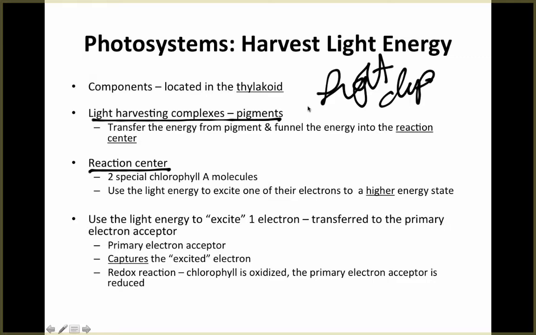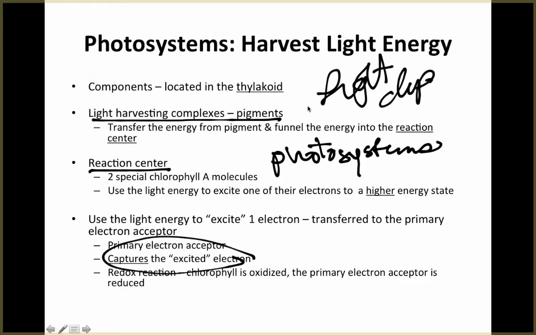Those reaction centers are going to be called photosystems. And that's going to allow us to basically capture the energy in electrons and move them and actually put that energy into molecules known as ATP and NADPH.